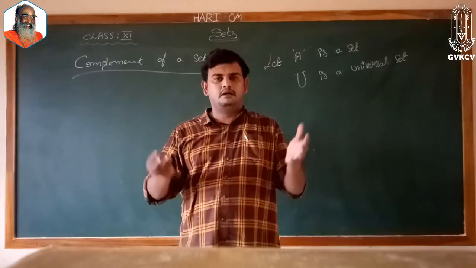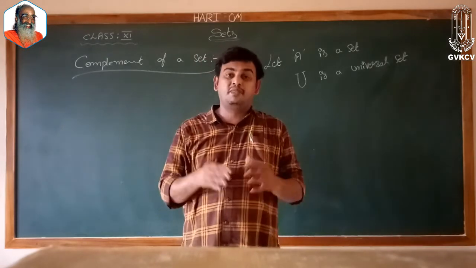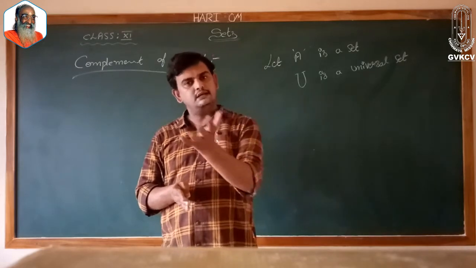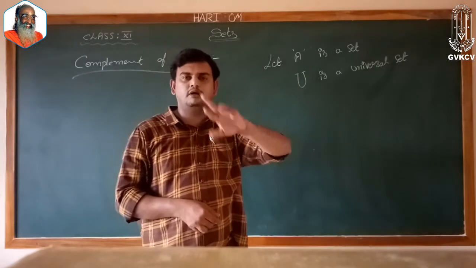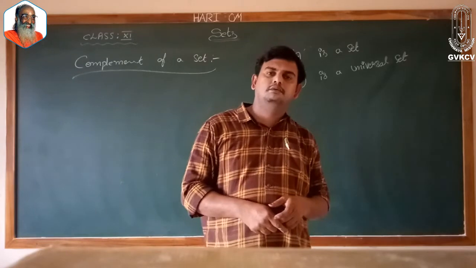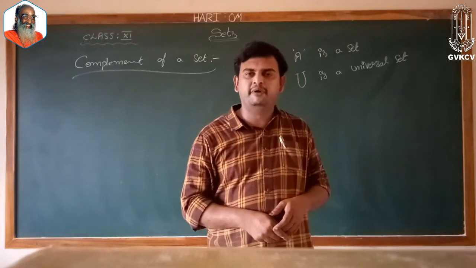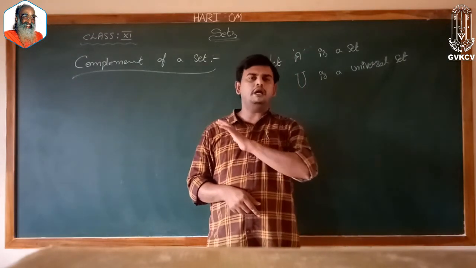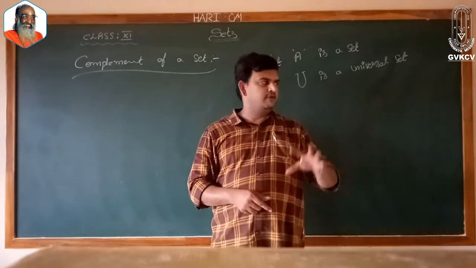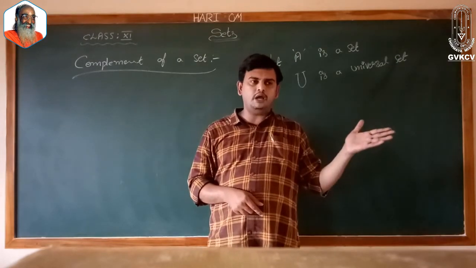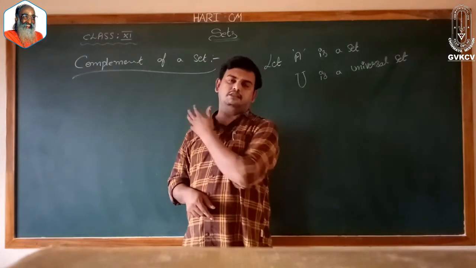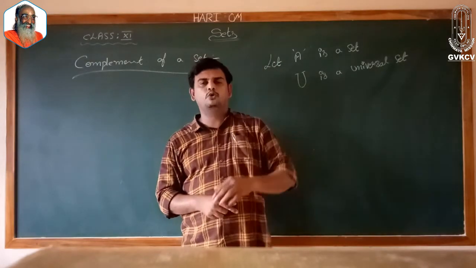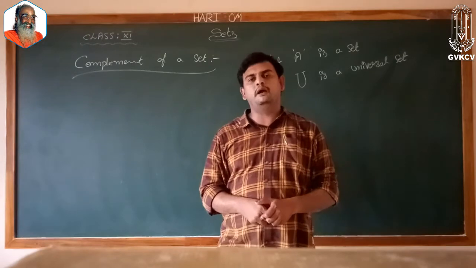Class 11 is set A. Other than class 11 is called the complement. Complement means just from the universal set, we are eliminating set A. From the entire school, we are eliminating class 11. When we eliminate class 11, the remaining total is called the complement.